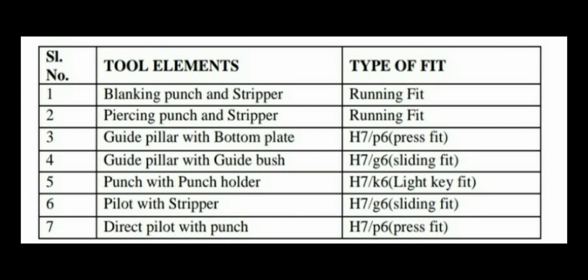Then punch with punch holder is H7K6, a light key fit. And pilot with stripper is H7 and G7 sliding fit. And direct pilot with the punch is H7P6 press fit. So these are some elements, different types of fits, tools and materials.